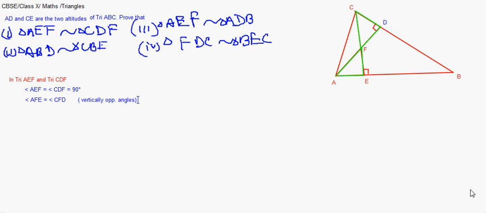So this helps us to prove triangle AEF similar to CDF by AA criteria. So one is proved by AA criteria. Now move on to the second proof.